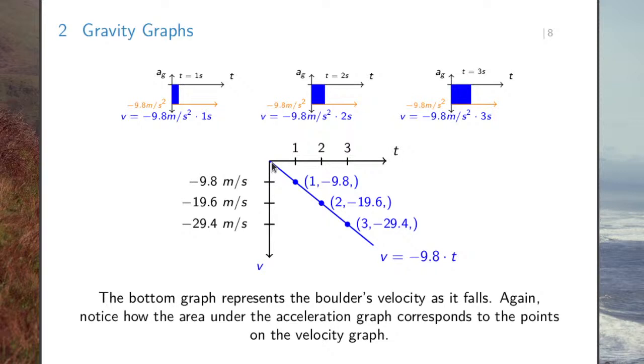So we know that when 0 seconds have passed, the instant I let go of the boulder, it isn't moving at all because gravity hasn't had a chance to start pulling it down yet. 1 second later, gravity has been acting on the boulder for 1 second, and now it's traveling at negative 9.8 meters per second. 2 seconds later, the boulder's fallen even farther, and it's now traveling negative 19.6 meters per second. And after 3 seconds, it's going negative 29.4 meters per second. Right? And this will continue.